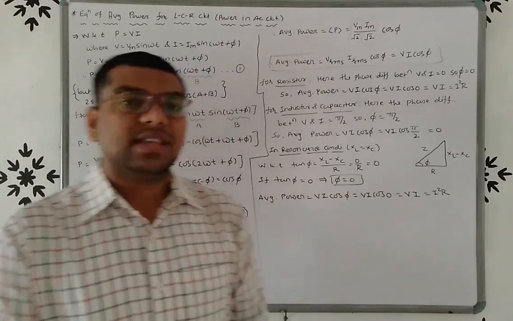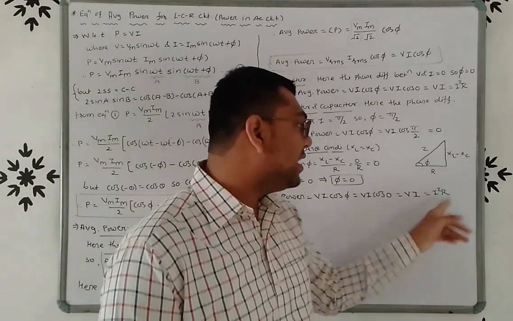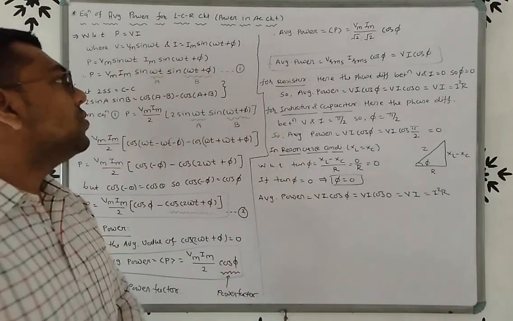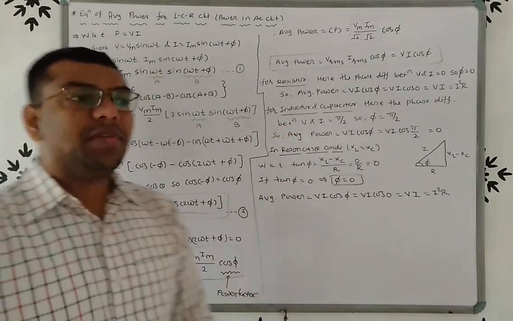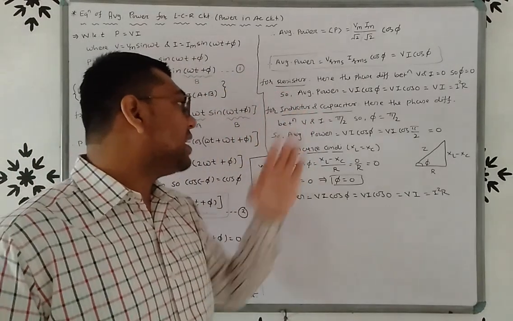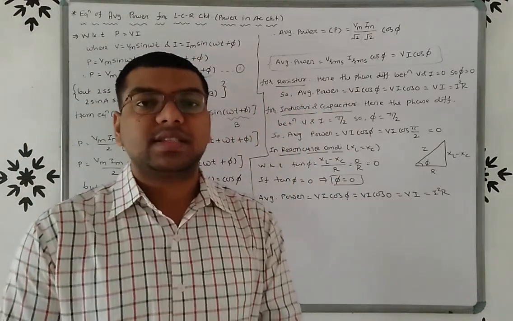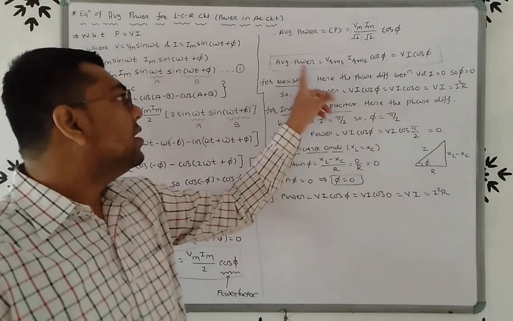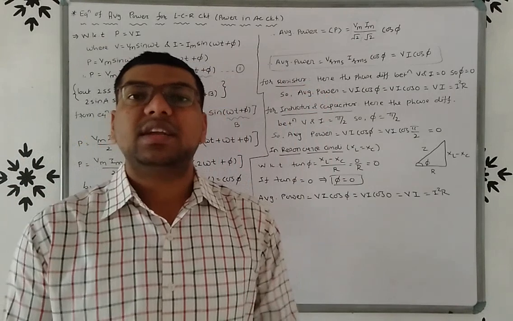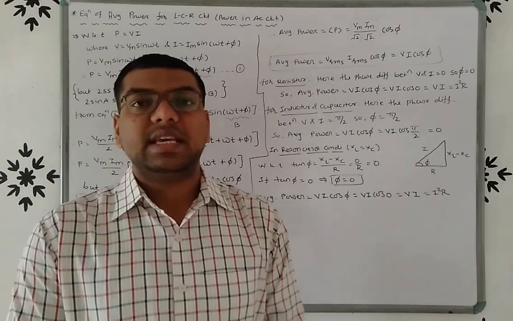If you take V equal to IR, then IR into I is equal to I square R. Right. So here you can find the value of average power for resistor, inductor, capacitor in resonance condition with the help of the formula of average power of an RLC circuit, or you can say AC circuit.